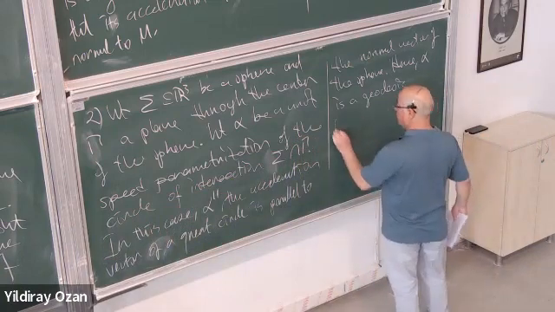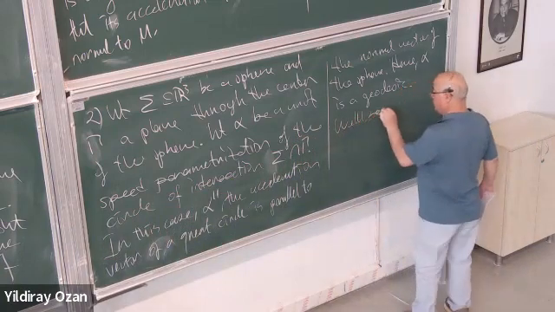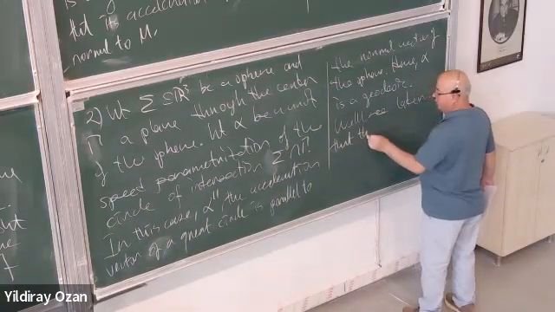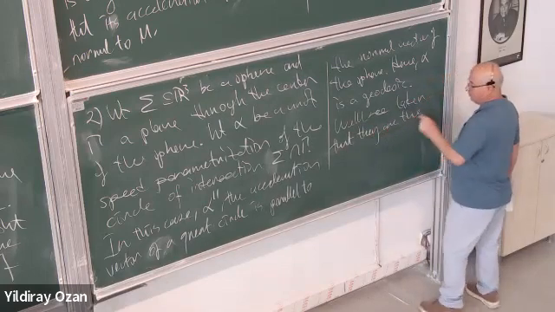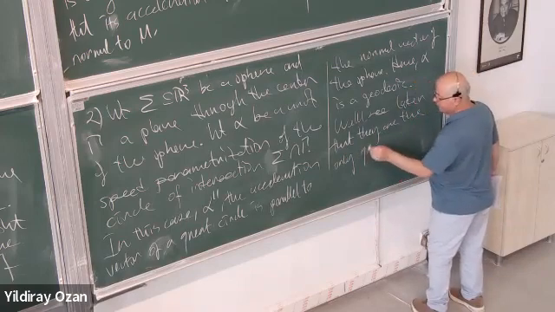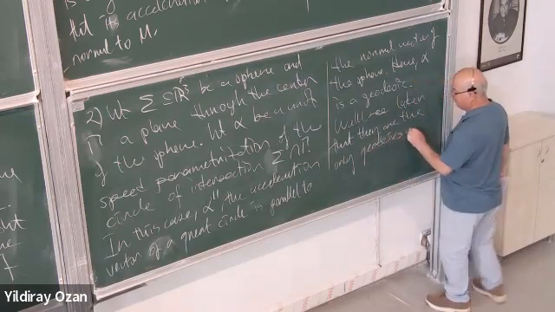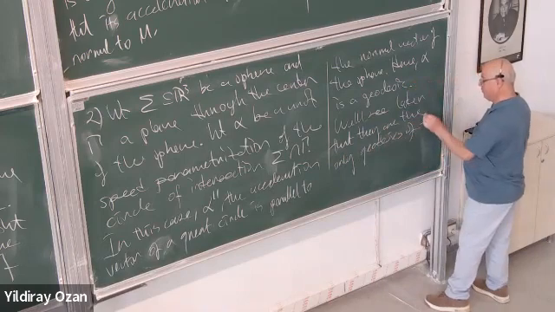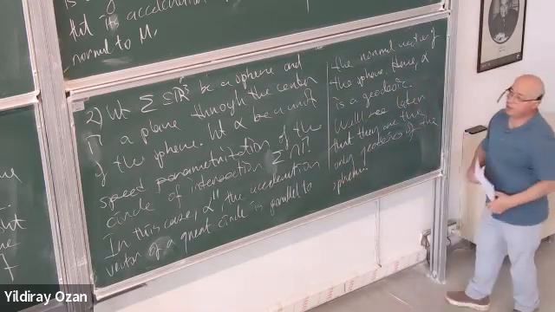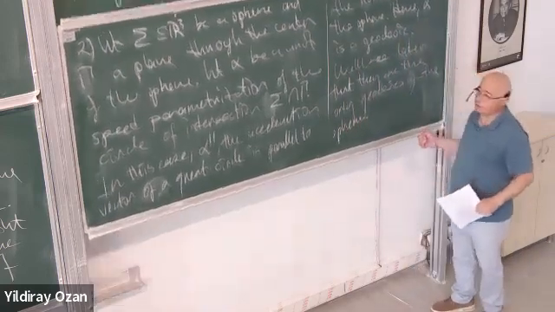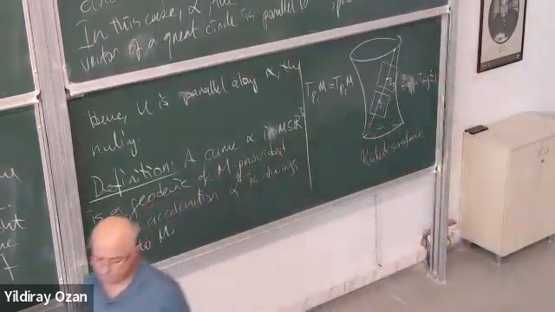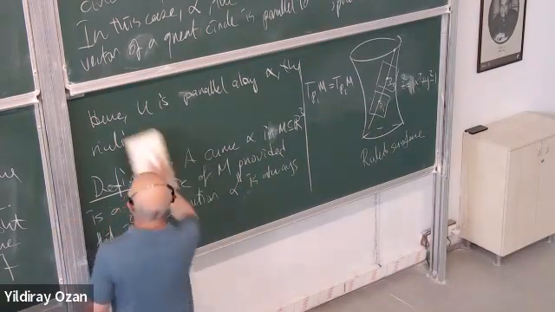We will see later that they are the only geodesics of the sphere. So great circles are geodesics and there are no other geodesics. Okay.